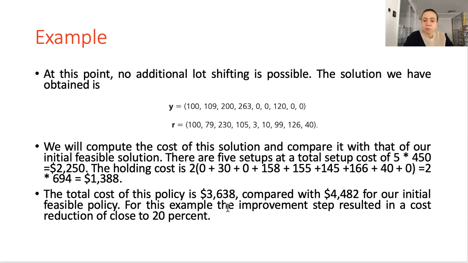And the total cost of the initial solution was $4,482. So we see that there is an improvement of 20%. I mean, after finding the feasible solution, we can improve that feasible solution by shifting the lots backwards.